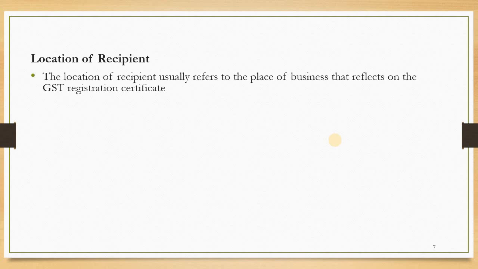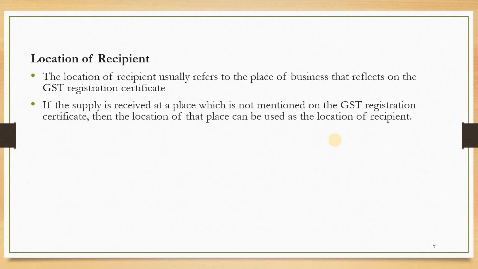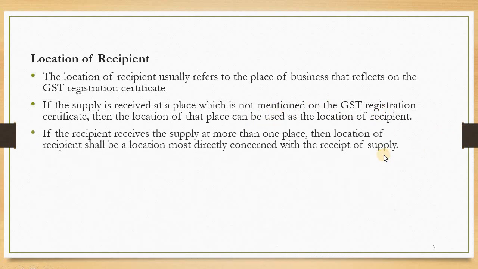But what happens if you are receiving the goods in a place other than what is mentioned in the GST certificate? Then the location of the recipient shall be the place where you receive the goods. That shall be the location of the recipient.